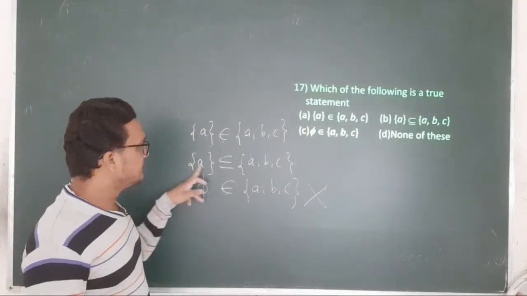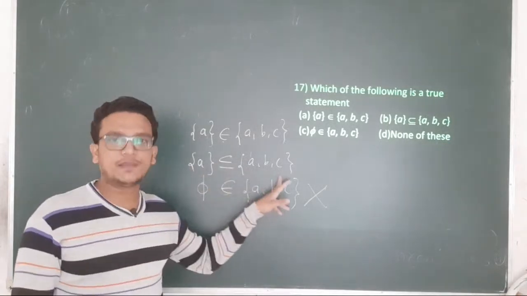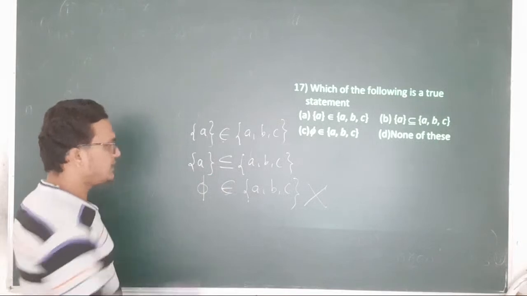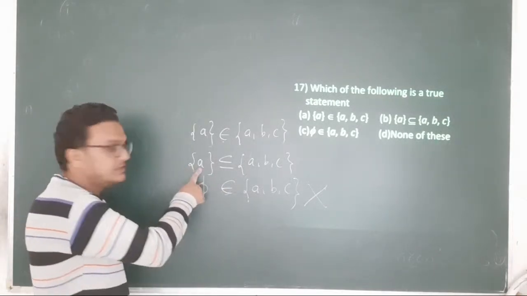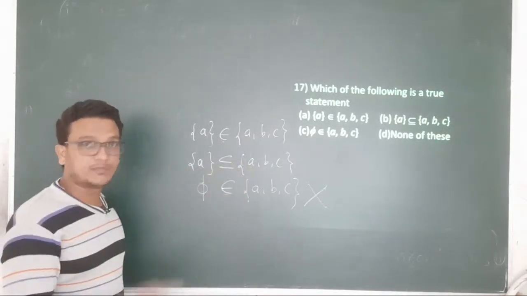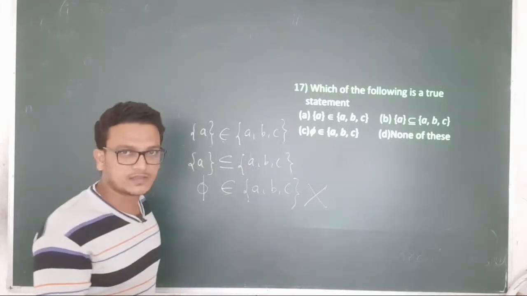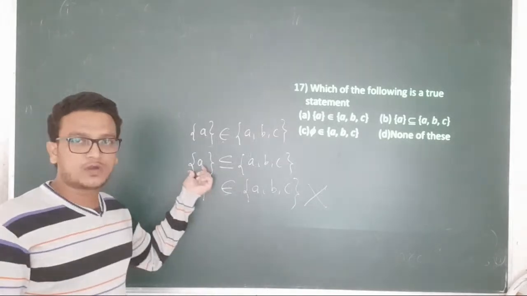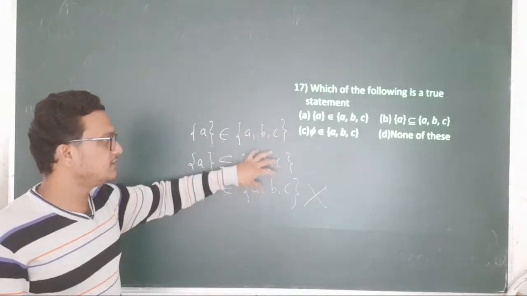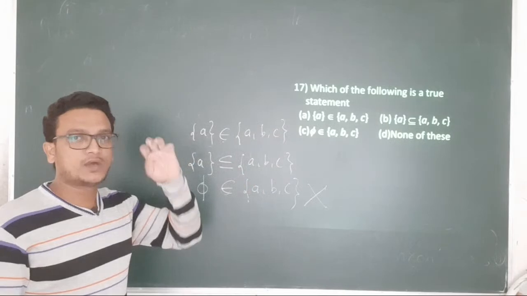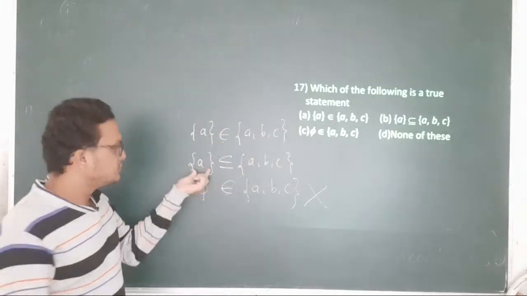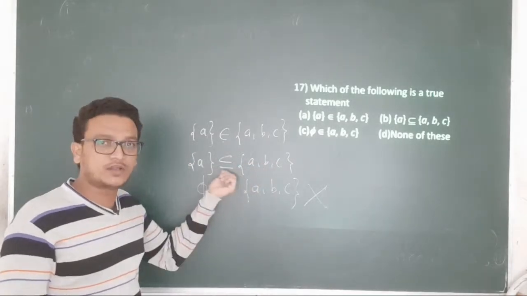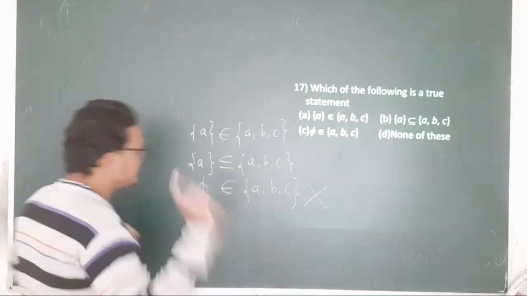Here, A is a subset of ABC, but see, this element A is a member of ABC, not a subset of ABC. Member means, you are a member of your family, like that. So this A is a member of ABC but not a subset of ABC. Now you got confused.